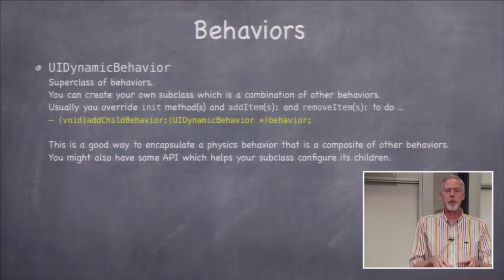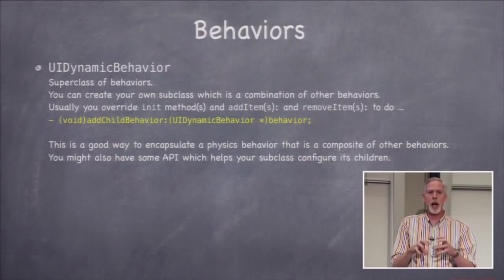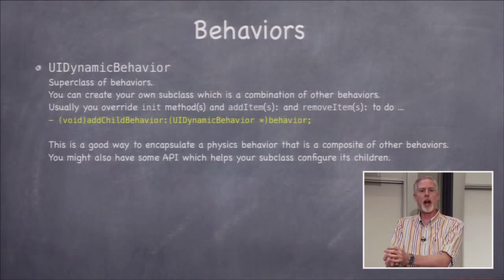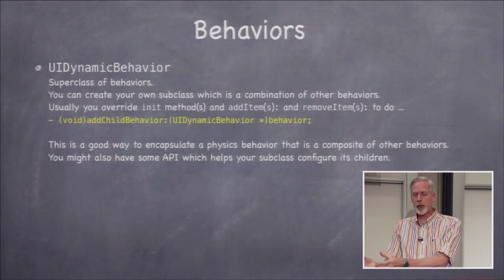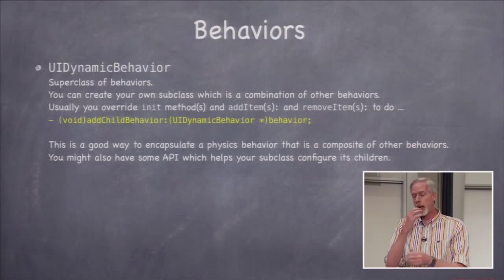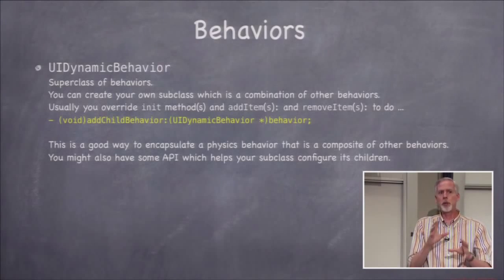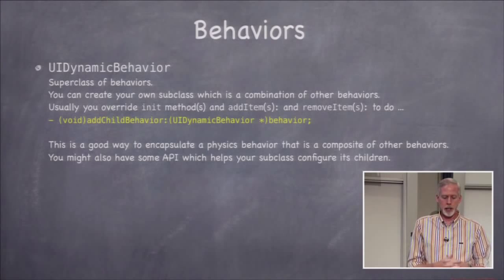And this is very common to do just to clean up your API, to group behaviors that go together into their own class, okay? Their own UIDynamicBehavior subclass. And all that thing usually has is child behaviors and then maybe a little bit of API to add the items in a certain way or have them interrelate in some other way, okay?